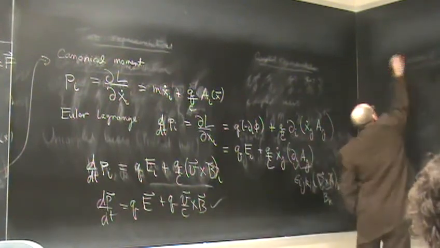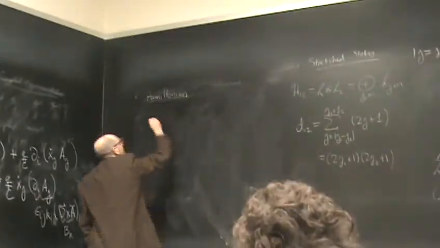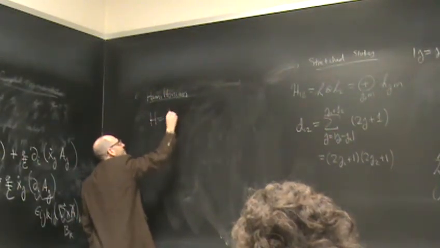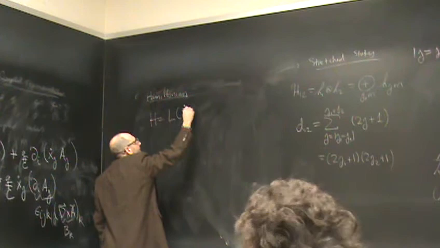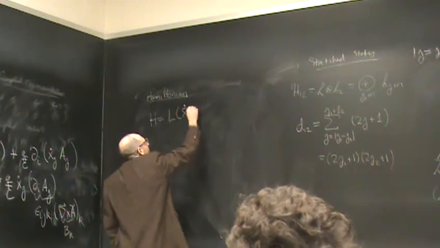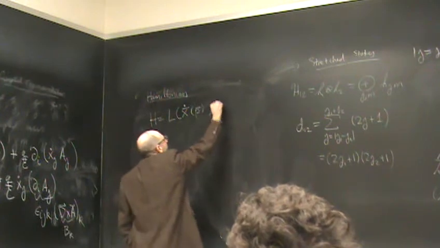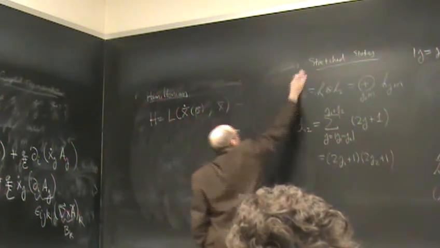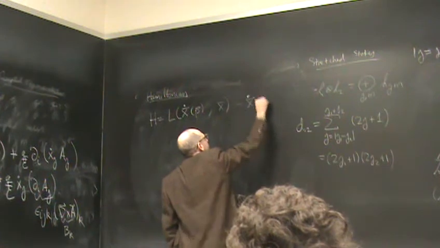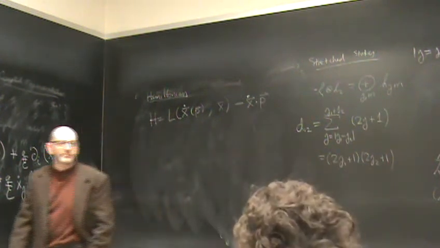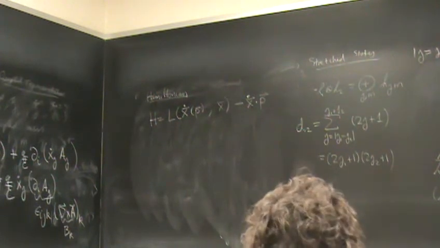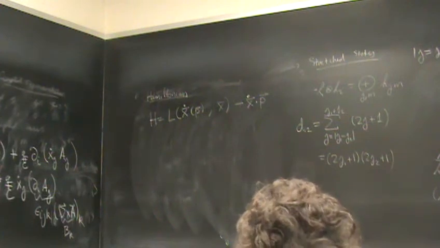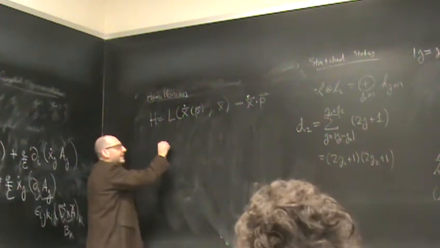To get the Hamiltonian, I have a Lagrangian expressed where x dot is a function of p and x, minus x dot p. That's the recipe from classical mechanics. You plug all of that in, and you get the following.